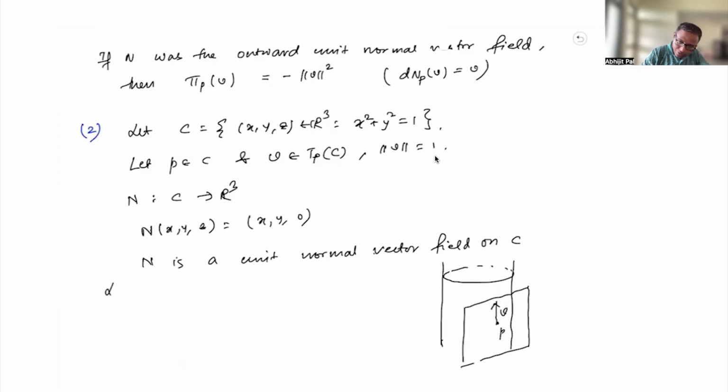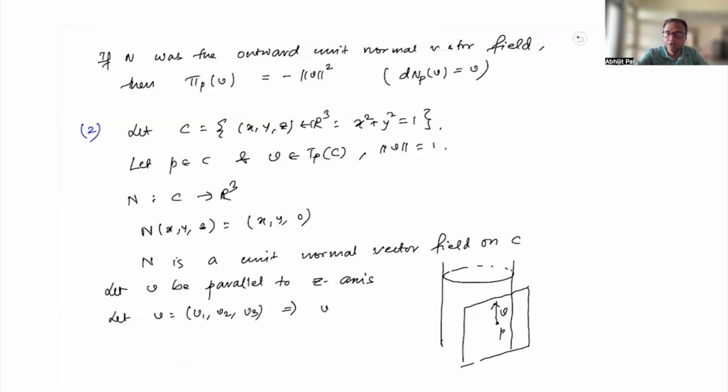Let B equal B1, B2, B3. Because B is parallel to Z axis, B1 and B2 are constant.